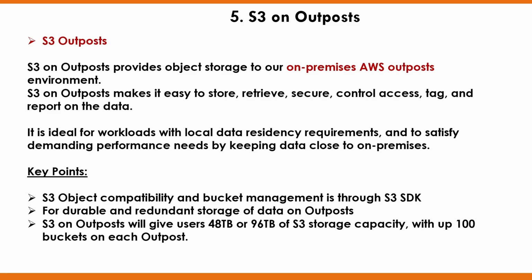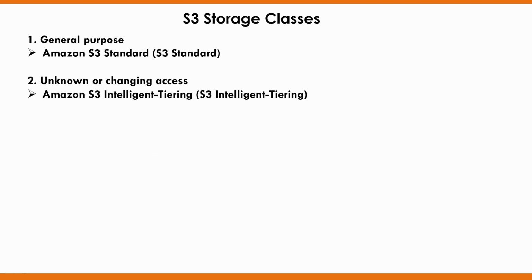And here are the key points. S3 object compatibility and bucket management is through the S3 SDK, and for durable and redundant usage of data on Outposts, S3 on Outposts will give users 48 TB or 96 TB of S3 storage capacity with up to 100 buckets on each Outpost. So these are the storage classes we have.